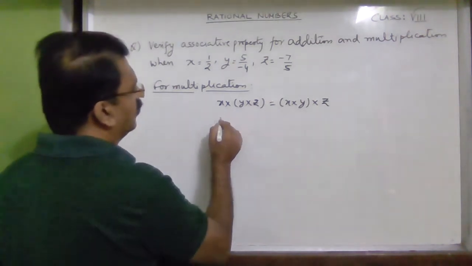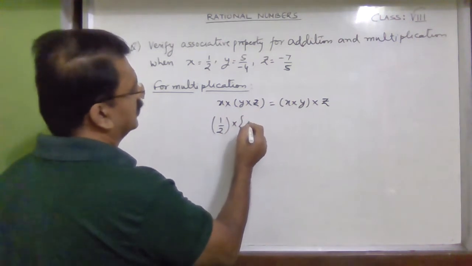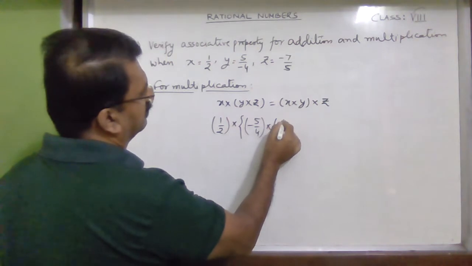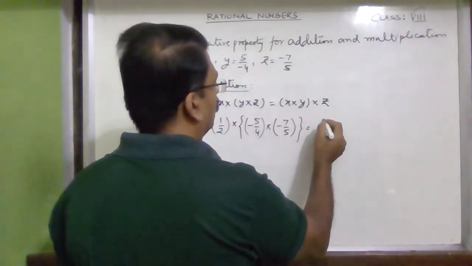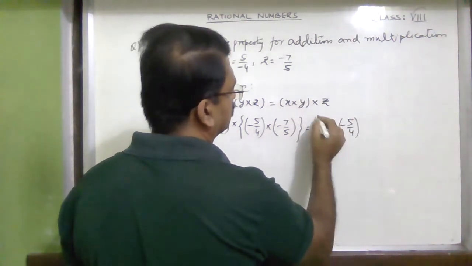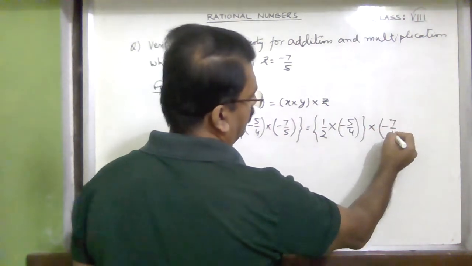Now (1 upon 2 into minus 5 by 4) into minus 7 upon 5, and 1 upon 2 into (minus 5 by 4 into minus 7 upon 5).